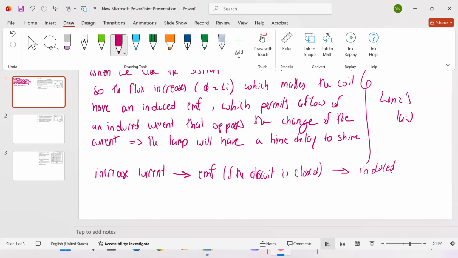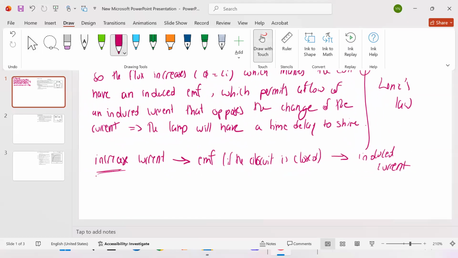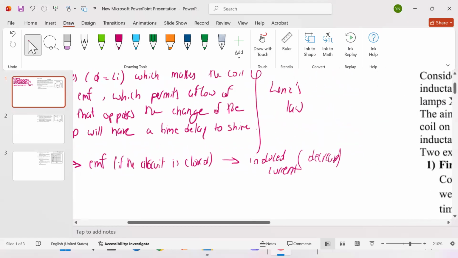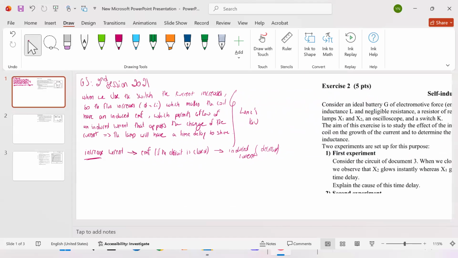And this induced current will oppose the current that we talked about at the beginning. So if here we have an increase, here it should work to decrease this current. Okay, it should work in the opposite way. And this induced current causes a time delay, as simple as that. In electromagnetic induction, the chain is even bigger, but it's fine for now. We're working on self-induction, and it's mainly the most important chapter.